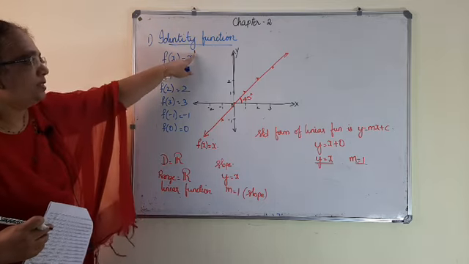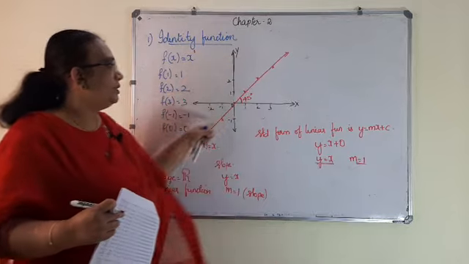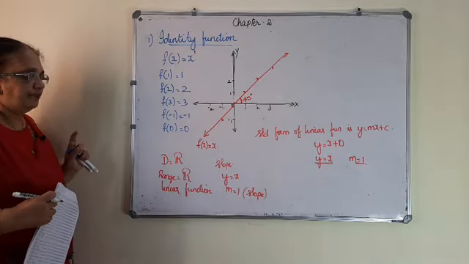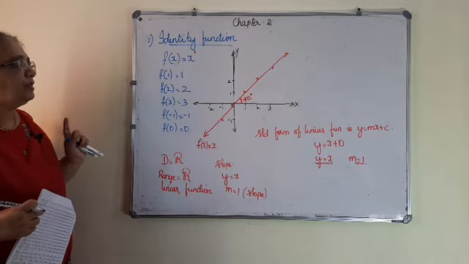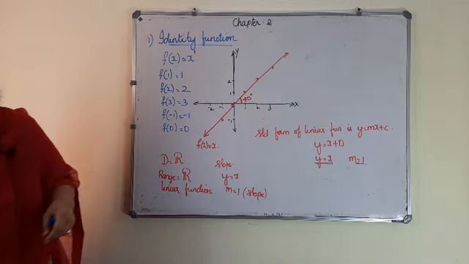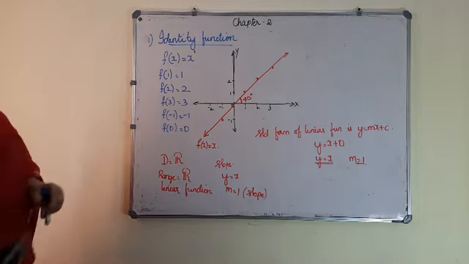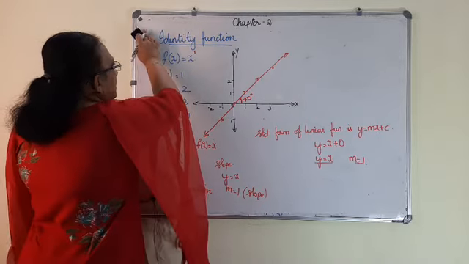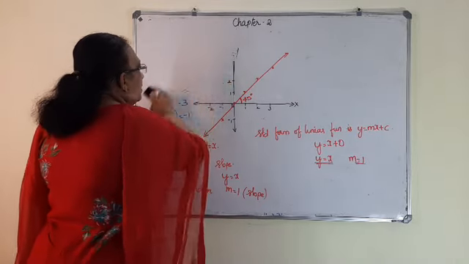Since the power of x is equal to 1, we have to join the points using a straight line. I hope you understood what an identity function graph is and its properties. Now, one more graph we will study: the constant function graph.